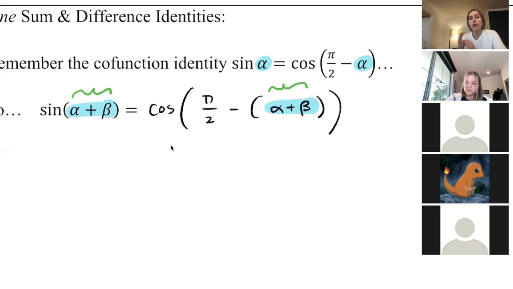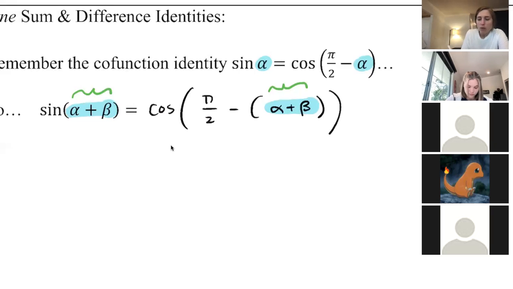Because whatever this angle represents would be the angle that's complementary, that would sum with alpha plus beta to be equal to pi over 2. So we used quadrant 1 and quadrant 2 for the picture for simplicity, but it doesn't necessarily have to be quadrant 1 or quadrant 2 for those angles. But really good question.